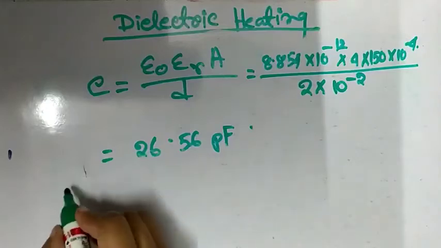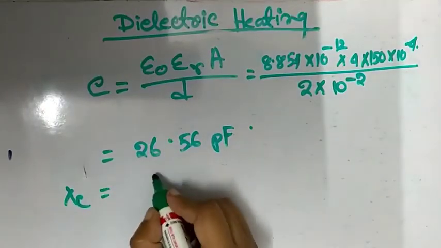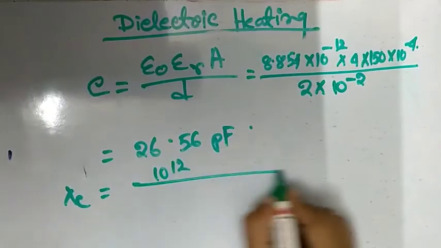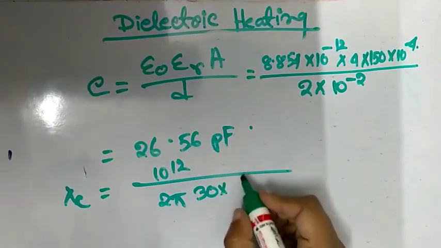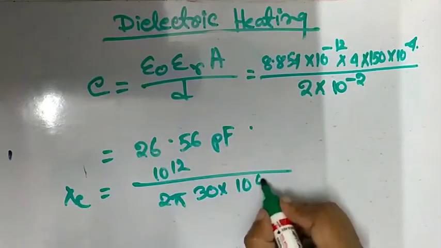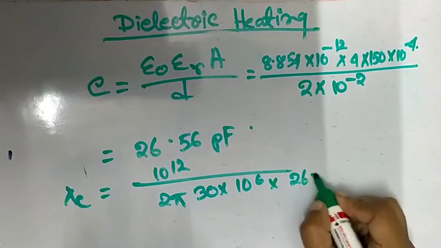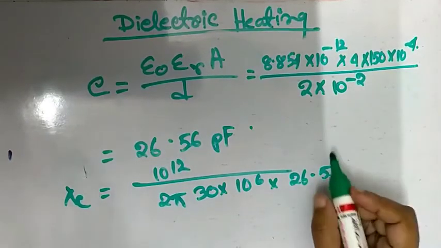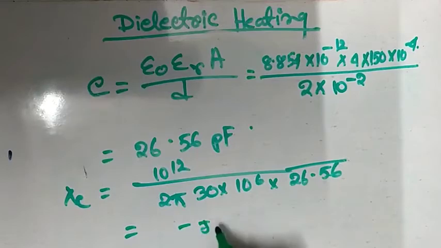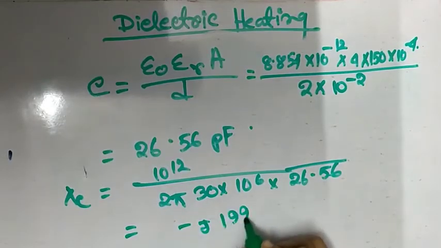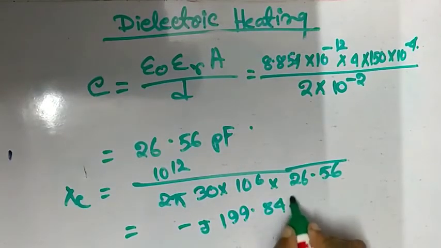Now, capacitive reactance, that is Xc, is 10 to the power 12 by 2 pi 30 into 10 to the power 6 into 26.56, that is equal to -j 199.84 ohm.